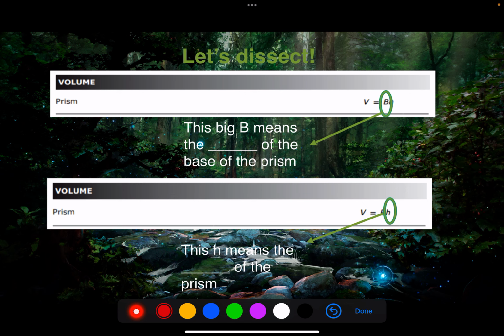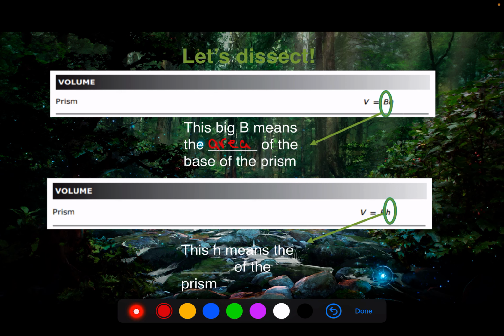Okay, so here let's just dissect. It says V equals capital B, and then the H is kind of hidden by that circle. But what does this B mean? This big B means that it's the area of the base of the prism. So for the capital B, you're going to be finding the area of the base.